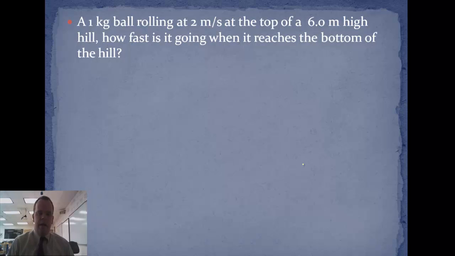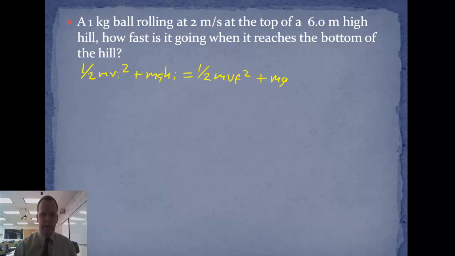Second problem, I'd like you to try this problem on your own and then come back and see my explanation after pressing pause, doing the problem, and then pressing play again. A 1 kilogram ball rolling at 2 meters per second at the top of a 6 meter high hill. How fast will it be going when it reaches the bottom of the hill? So 1/2 m v initial squared plus mgh initial equals 1/2 m v final squared plus mgh final.